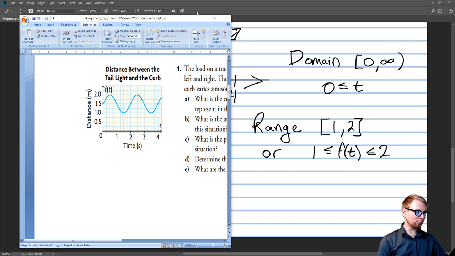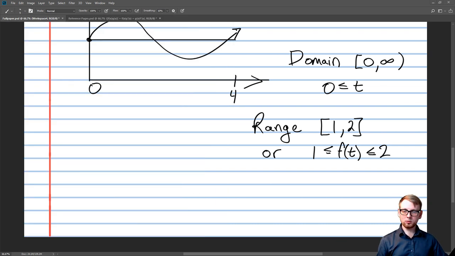Okay. Then I'm going to just draw a quick graph, and I want you to tell me the domain and range, because it's the same all the way around.